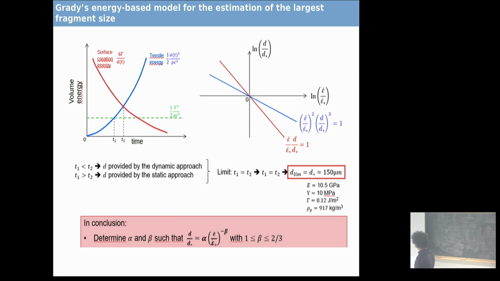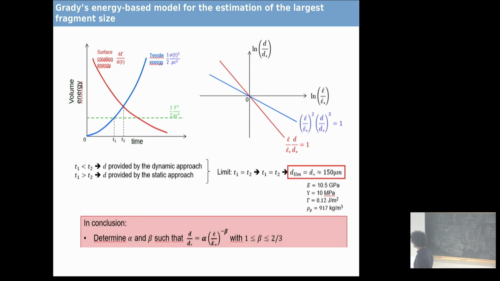And to check that we are not so far, the two regimes are equivalent when this time for static and this time for dynamic are equal, which is, for a typical case in our application, for ice crystals of the order of 100 millimeters. So that's why it's not that clear whether it could be 1 or minus 2/3, because 150 millimeters is a typical thickness of the particle we study.